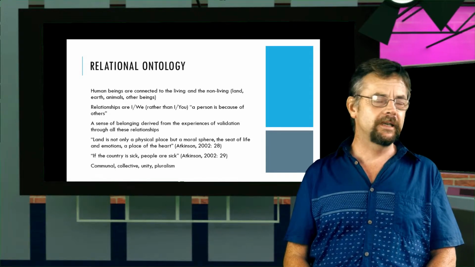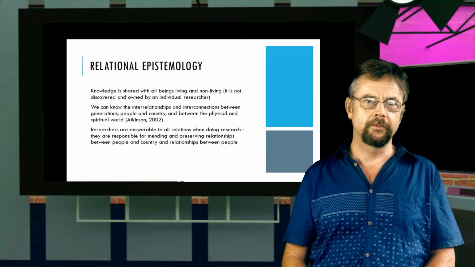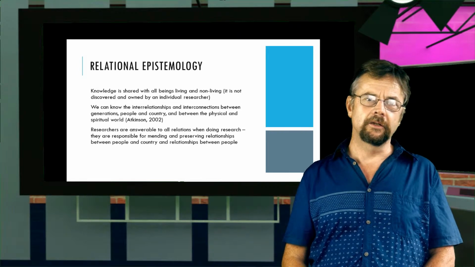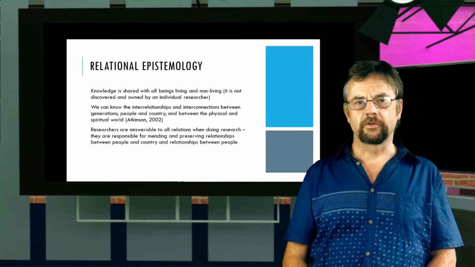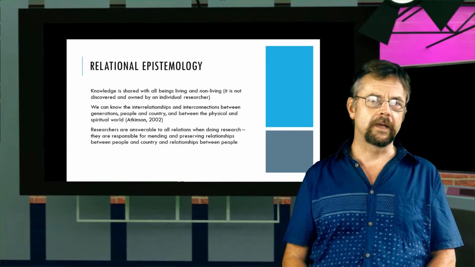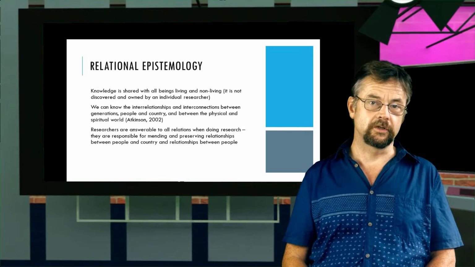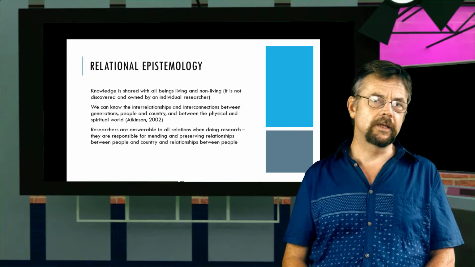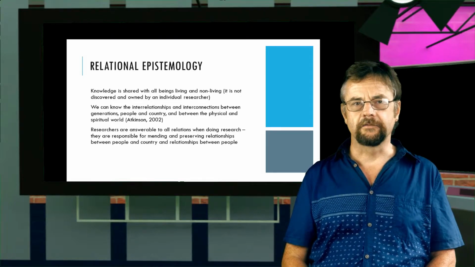Right. So keywords here are commonly, collective, unit, and pluralism. Now, how about a relational epistemology? What's that all about? Well, in a relational system, knowledge is shared, but shared beyond the ways we've been talking about in qualitative research, where knowledge is co-created between the researcher and the participant, and the interview data is a product of the relationship between the interviewer and the interviewee.